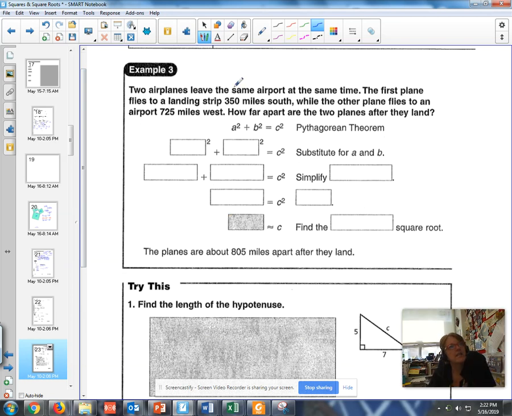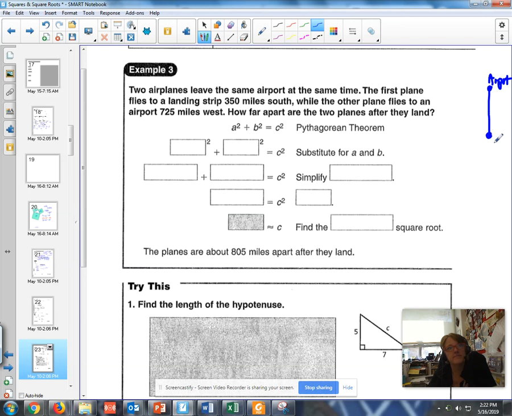Two airplanes leave the same airport at the same time. The first plane flies to a landing strip 350 miles south. Stop right there. Come over here and put a dot right here. This is our airport. We're going to fly straight south.